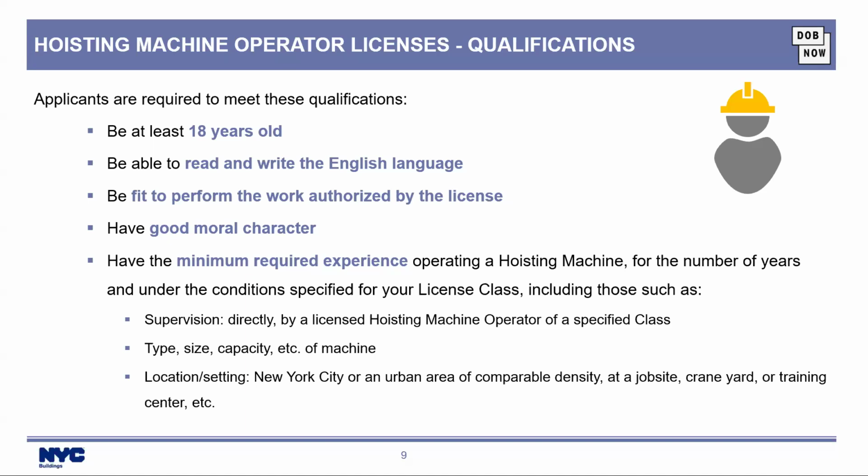This includes conditions such as supervision directly by a licensed hoisting machine operator of a specific class, the type, size, capacity, and so forth of the machine, and the location or setting, which needs to be New York City or an urban area of comparable density, and it must be at a job site, crane yard, or training center, or so forth.